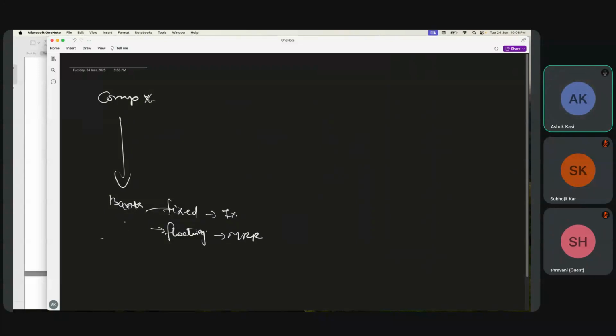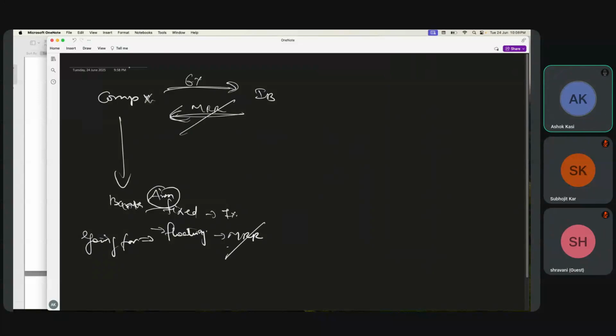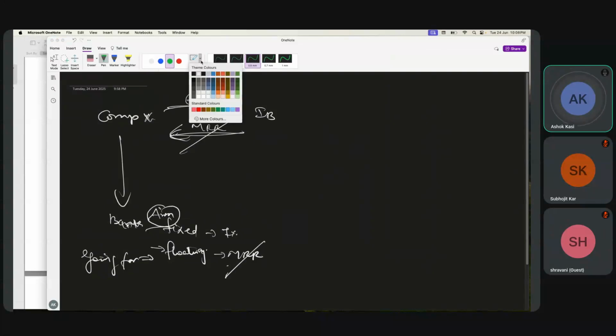Now here, this company's aim is to go for fixed, but however they go for floating. After this, they enter into an interest rate swap with the investment bank, and overall, net, they are able to save some percentage. They agree to pay 6% here, and they will get MRR. This way they are receiving MRR and paying MRR, so the MRR gets cancelled.